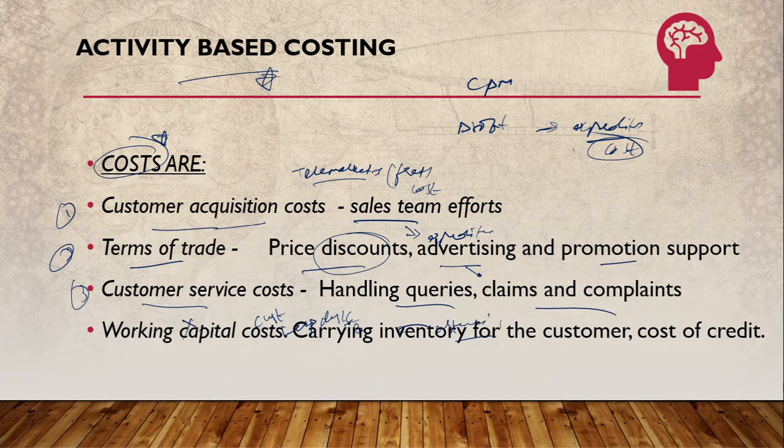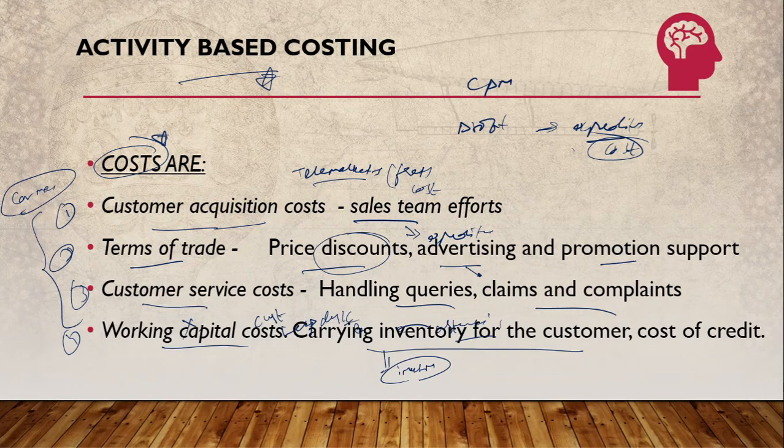And apart from that, the fourth is the working capital cost, where you are actually carrying the inventory. Like for storing your products, you need to have a space, so that will also involve some cost. So these are some of the very common costs that are involved. So you need to first understand how much cost you are spending in trying to acquire or retain a customer.